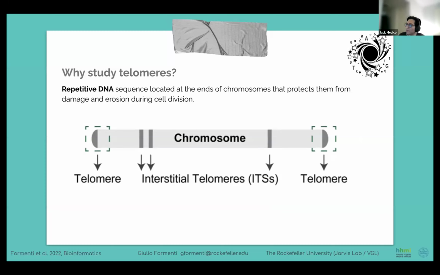Yeah, so telomeres are very interesting. We know that they have a protective role in the cell. We essentially have telomeres in basically all of the chromosomes, but there are also telomeric regions outside of the ends. They're called interstitial telomeres.